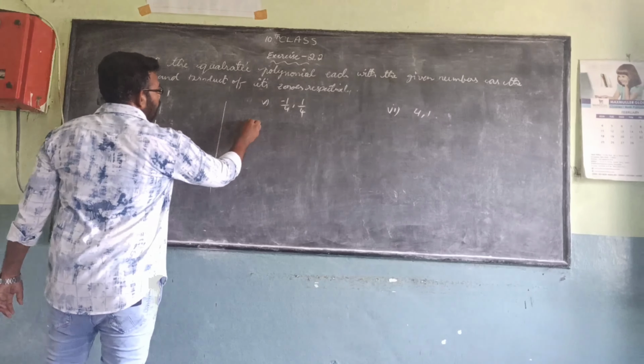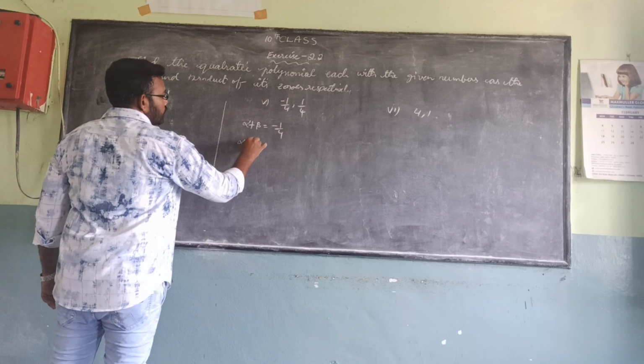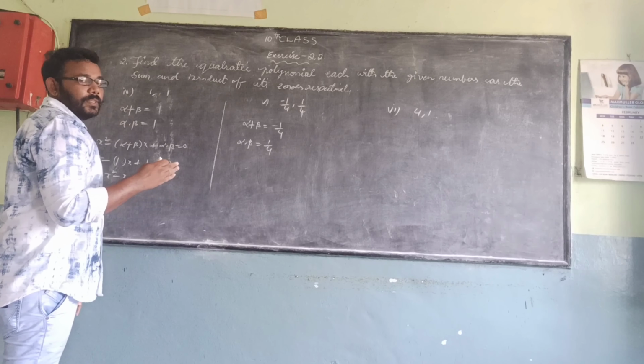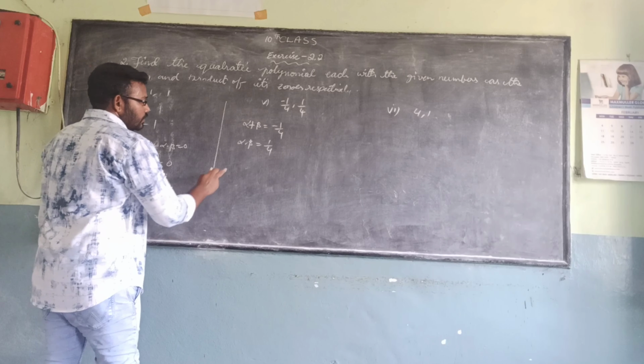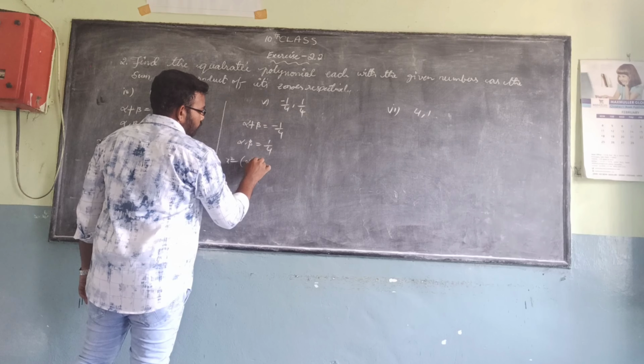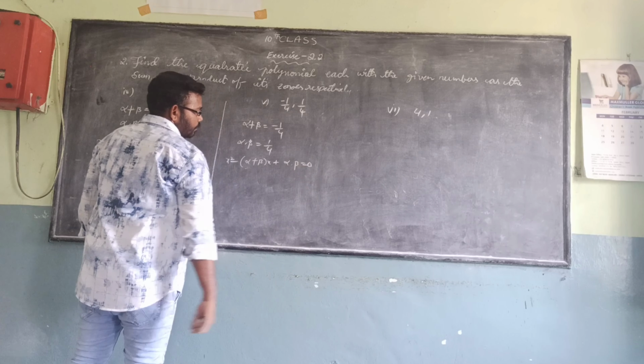Now here alpha plus beta is equal to minus 1 by 4 and alpha into beta is equal to 1 by 4. So the general form of the quadratic equation when sum of the roots and product of the roots are given: x square minus of alpha plus beta into x plus alpha into beta is equal to 0.